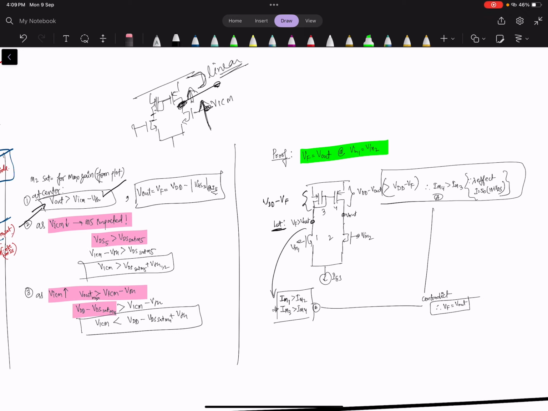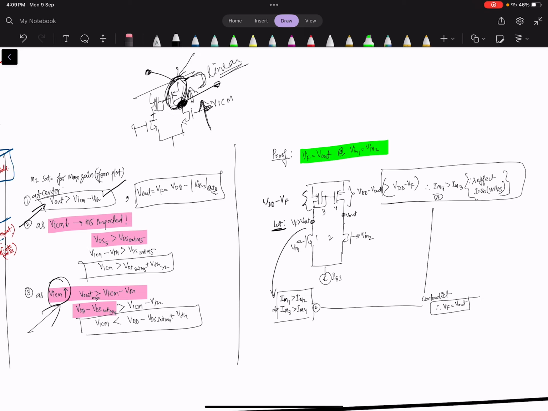So in this case, when the common mode voltage is increased high, we have to take care that the VDS of this M4 should be greater than the saturated VDS min, that is the VDsat of the M4.